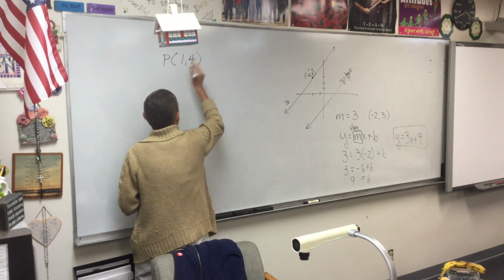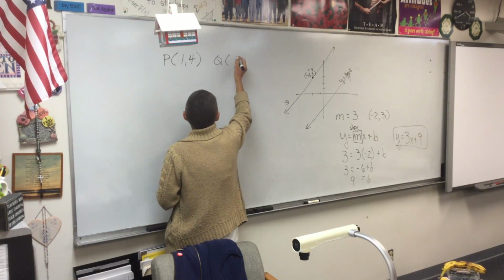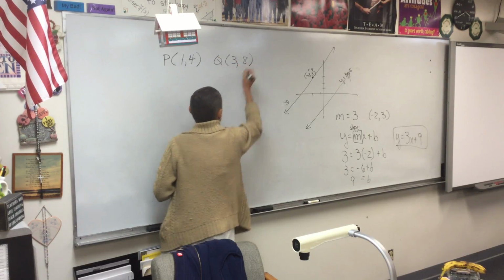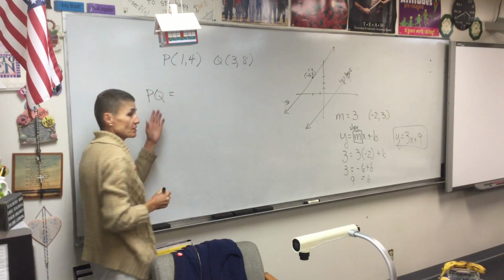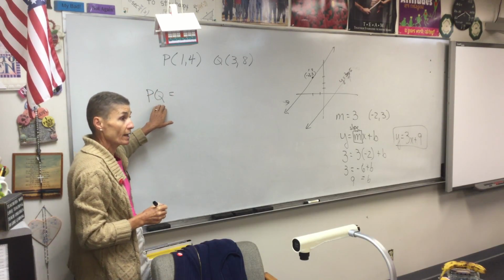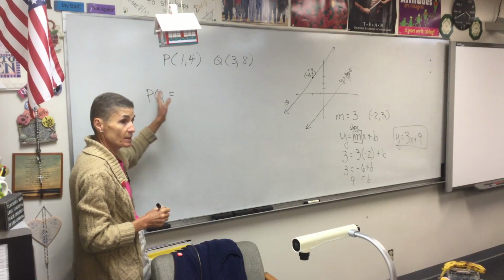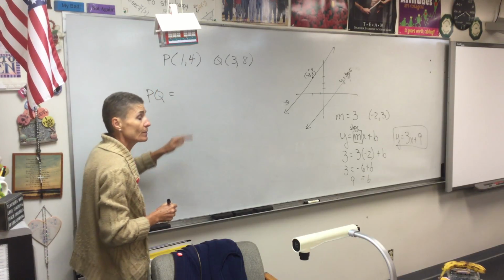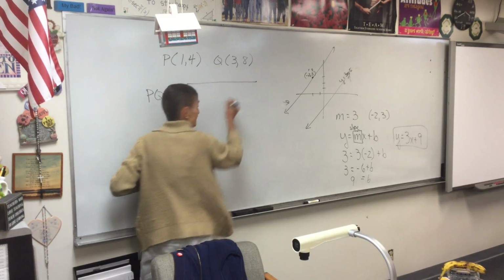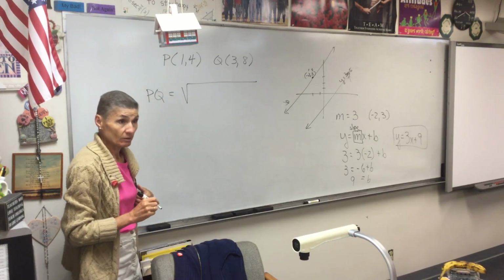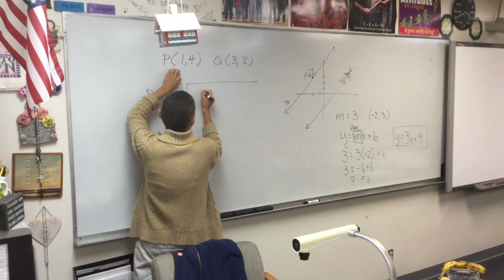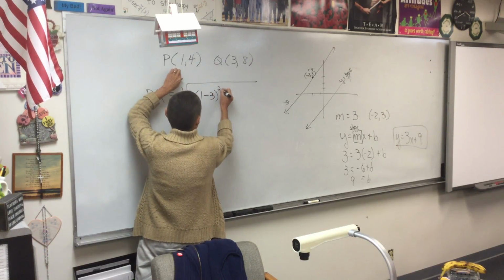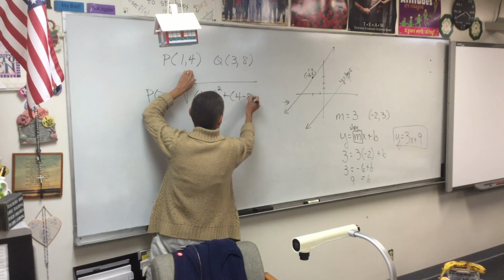So let's think about this being P and this being Q. And let's talk about the distance from P to Q, which is written this way. This is how we say distance, PQ, distance from P to Q. Remember, distance is a radical. And we'll subtract our x's, 1 minus 3, and subtract our y's.